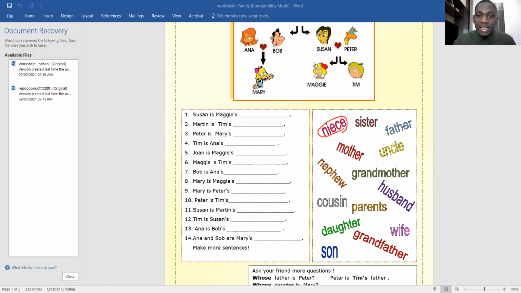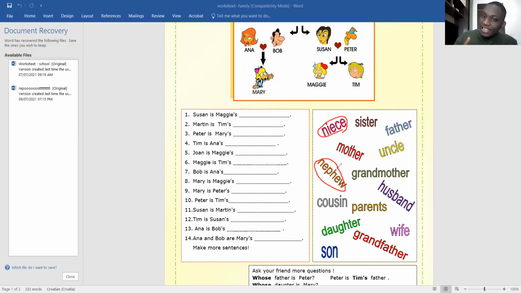Niece in Thai is lan sao. And we have nephew. What is nephew in Thai? Lan chai.